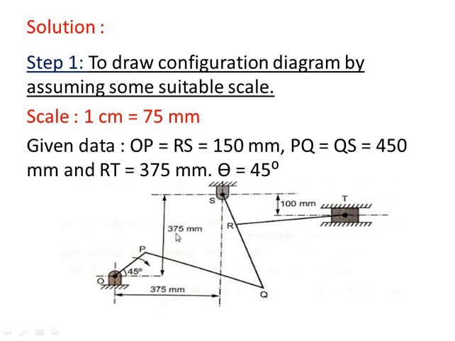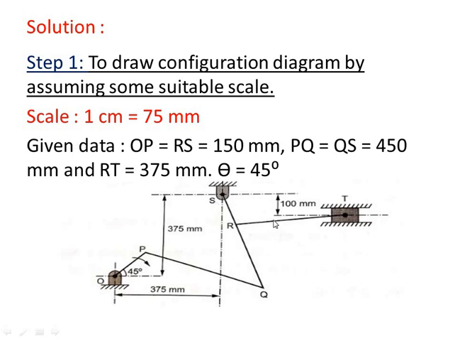Now this 375 mm is the actual distance which we need to convert into scale. So convert this into the scale of 1 centimeter equal to 75 mm, and with that converted distance draw the offset of 375 mm horizontal line. Also take a offset of 375 mm vertical and draw a vertical line. This intersection will give S point.